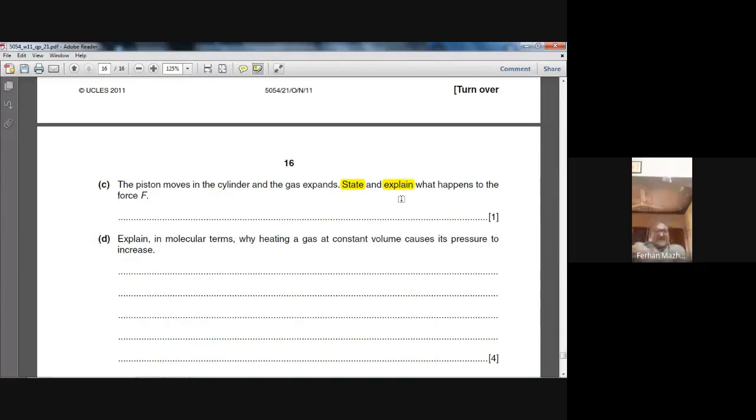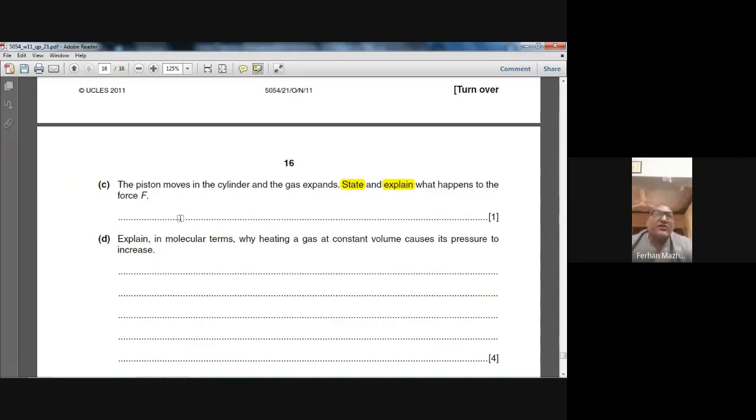So only stating will not work. You have to explain also. The force will decrease. That's the statement. And why it decreases? Because the pressure of the gas has decreased. That's the explanation. Now you understand. Yes, sir. The word I highlighted is very important to understand that.